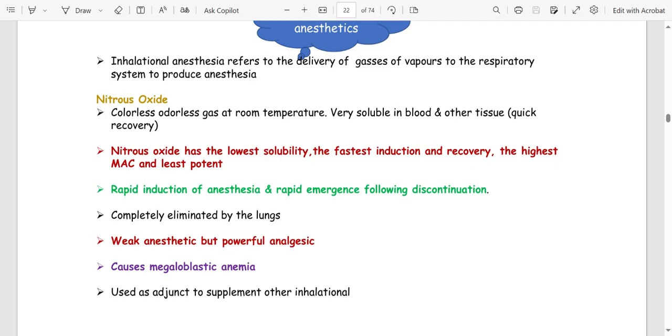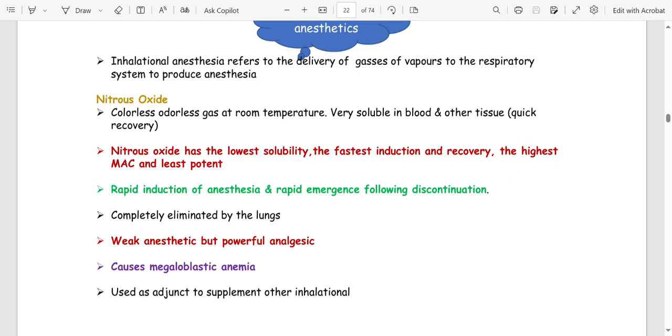So, nitrous oxide has the lowest solubility, the fastest induction and recovery, meaning that immediately you give it, someone will easily go into the state of anesthesia. They're going to just shut off very fast. And also recovery. Okay, if you stop giving it quickly, someone will recover.